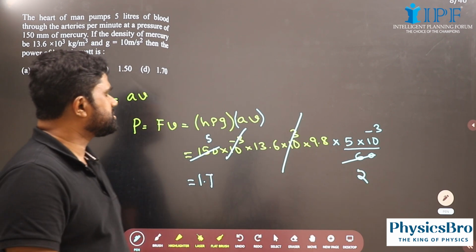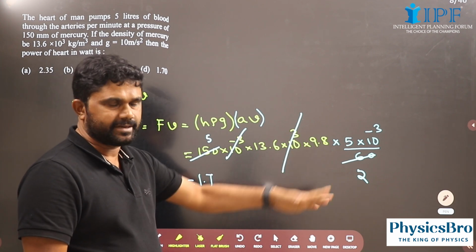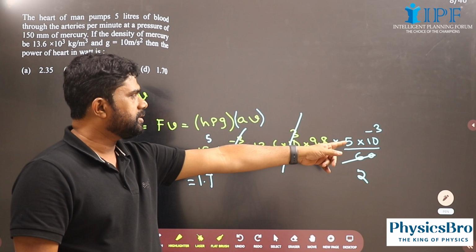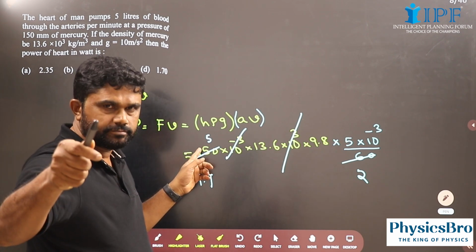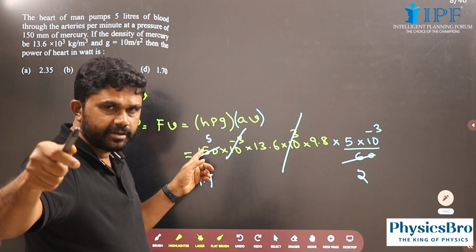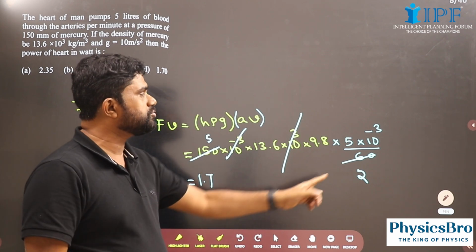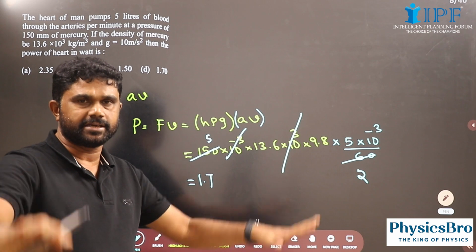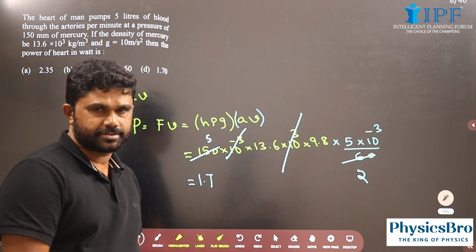Now take this 9.8 as a 10. Then this 5 into 5, that is 25, into 10, that is 250. It can be written as 1000 divided by 4. That 1000 and 10 raised to minus 3 can be cancelled. Then by 4, by 4 and 2, that is 8.